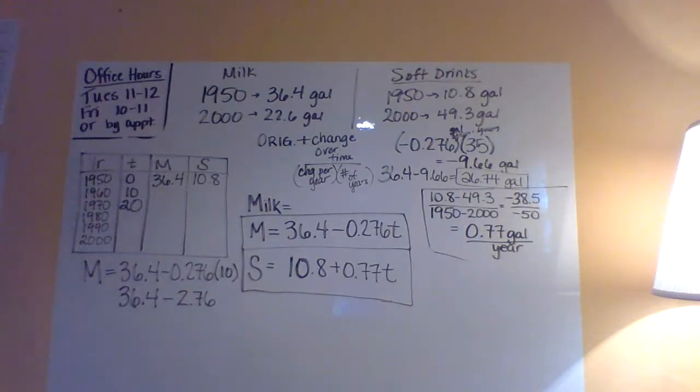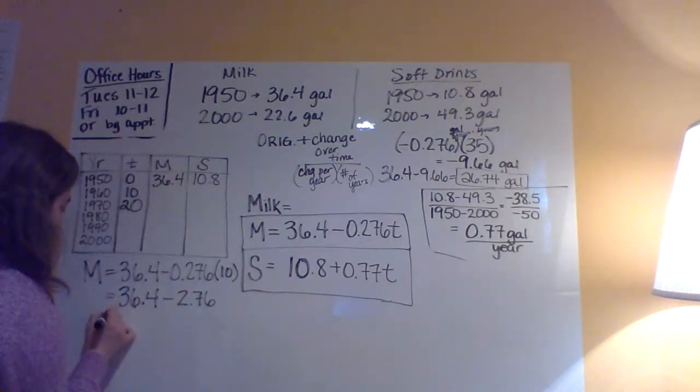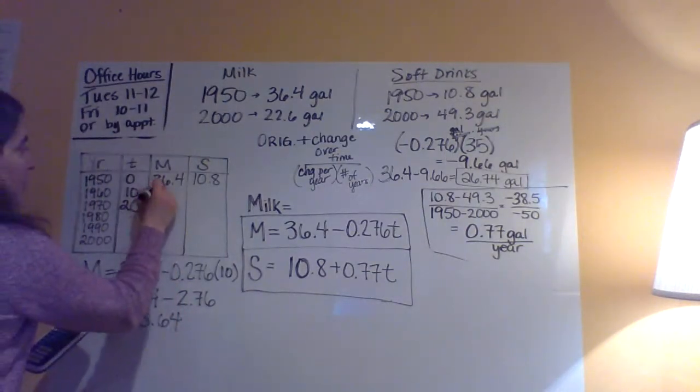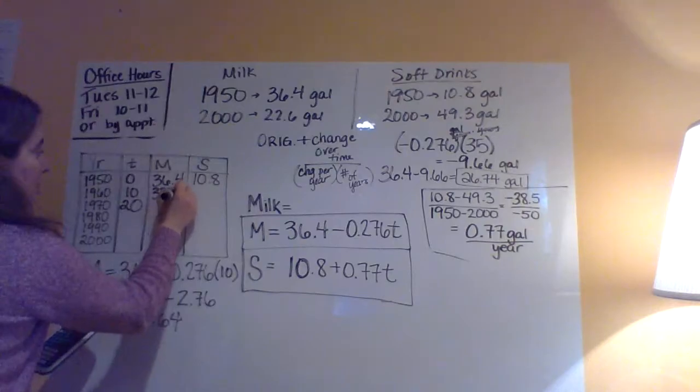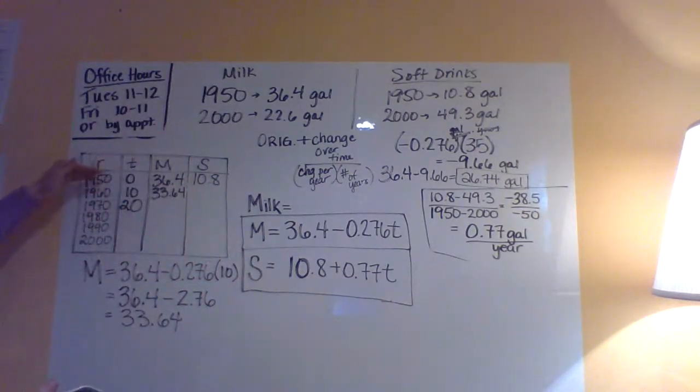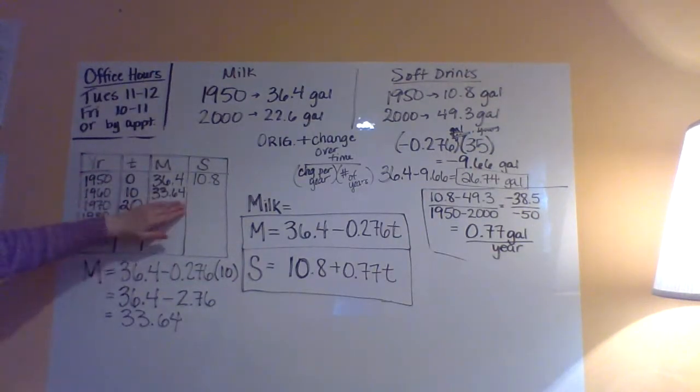Okay, when we take 0.276 and multiply it by 10, we're going to get 2.76, and then we're going to subtract, and we get 33.64. Again, that's gallons. Okay, this is just like we were doing over on the other side a minute ago. Instead of figuring out 1951, 1952, we skipped ahead to 10 years. It's going down, which it should be.